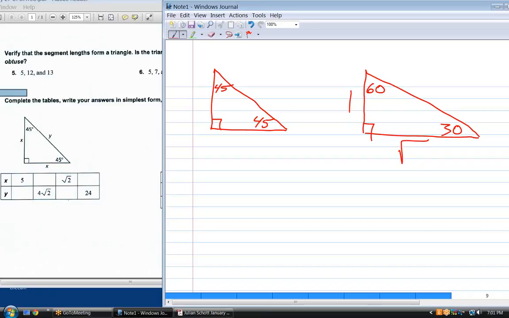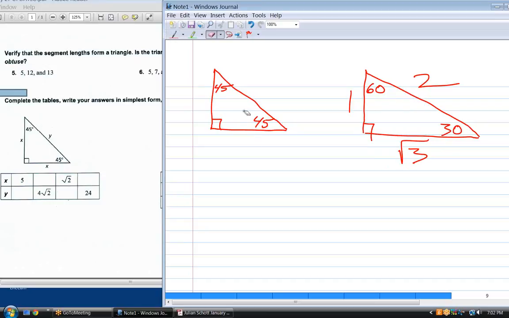This is square root of 3, and this is 2. I just as easily could have said 2 square roots of 3, and 4. But I call them my unit triangles. My unit means that the side opposite the smallest angle is 1. So that helps memorize it.